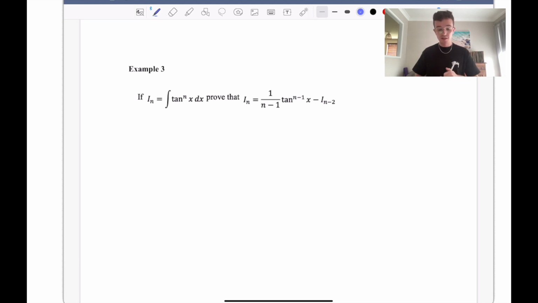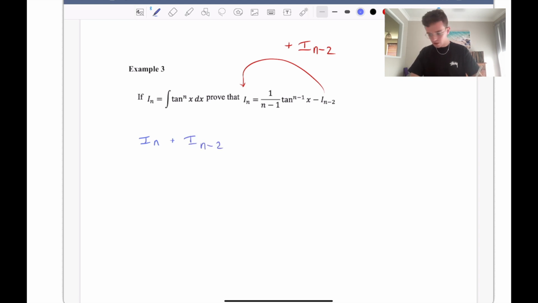The thing that's different about this question is it's no longer an integration by parts question, and that's because the coefficient of your lower power integral is no longer an n, it's a minus 1. So the strategy with that is we're going to figure out what I of n plus I of n minus 2 is.